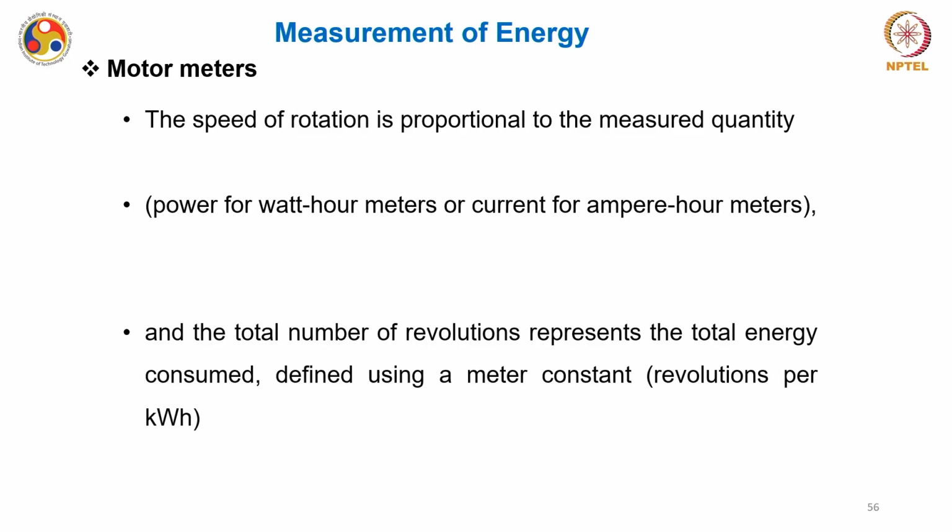Here the speed of rotation is proportional to the measured quantity, for example, power for watt hour meters or current for ampere hour meters. The total number of revolutions represents the total energy consumed, defined using a meter constant, such as revolutions per kilowatt hour. This is how generic motor meters are defined.